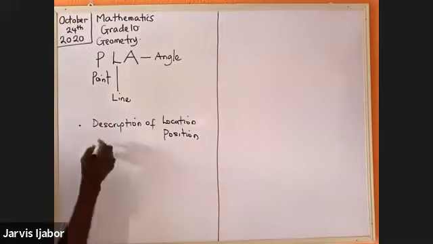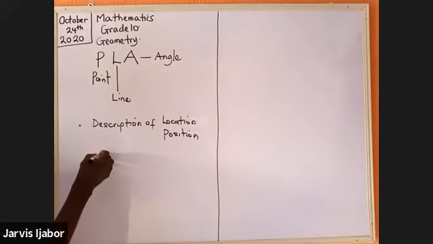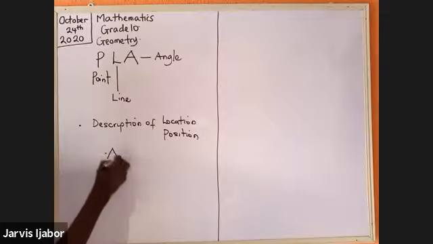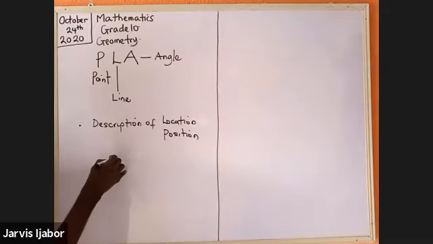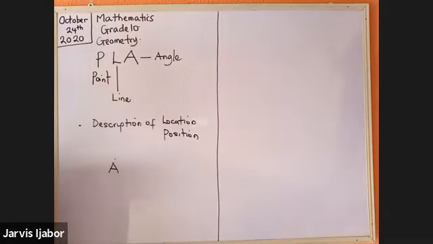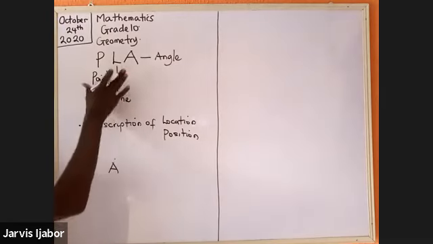Now, we usually represent a point by a dot and a capital letter. So if I write a point and a capital letter, this is what we call a point, location. So every time you see a point in mathematics, we're concerned with what? The location of that thing. All right, so that talks about a point.